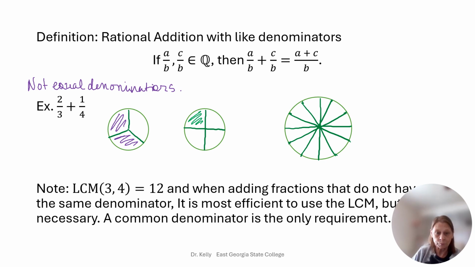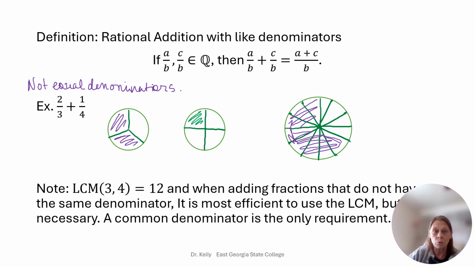Well, we can do it. Let me try to model my 2/3 here. Not the greatest. I probably should have practiced how I was going to do this, but this is how it is.